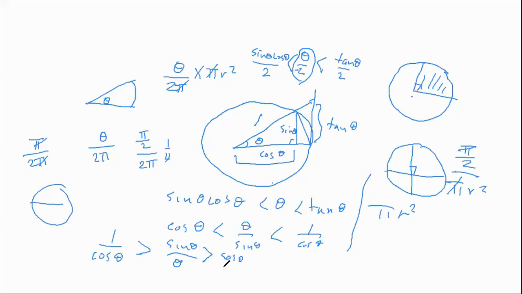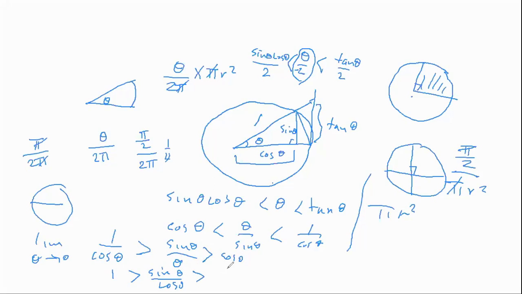Everybody see that? Now, let's take the limit as theta goes to 0 of this part. What will it be? Cosine 0 is equal to 1, right? So this will be equal to 1. It will be greater than sine theta over theta.